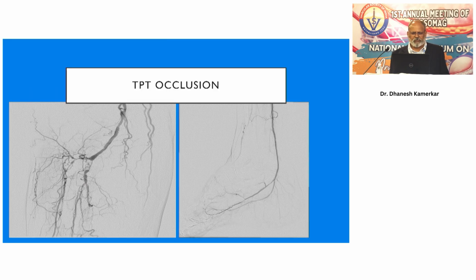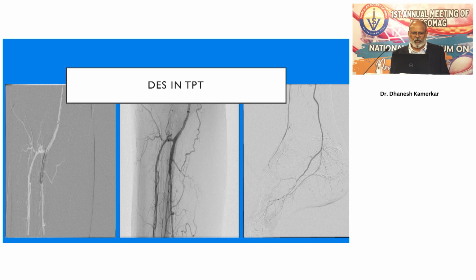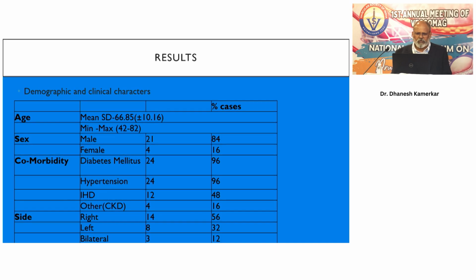Just an example of a TP trunk occlusion with a good runoff and putting a drug-eluting stent in the TP trunk, and nice results. These were the results. The mean age was around 66. Again, more in males, we saw only 4 females.